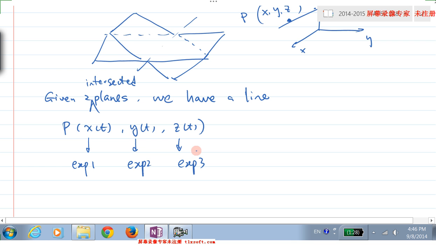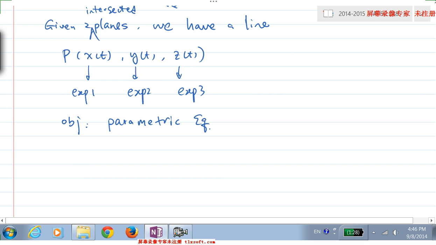In mathematics, we're trying to obtain a so-called parametric equation. That's a new concept. You're going to have 3 equations, all in terms of the parameter t, and that's called a parametric equation.